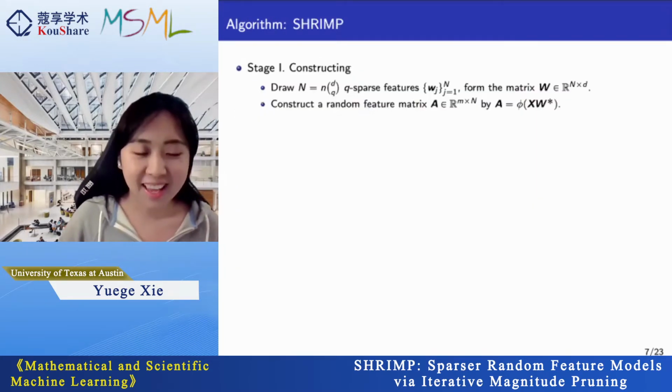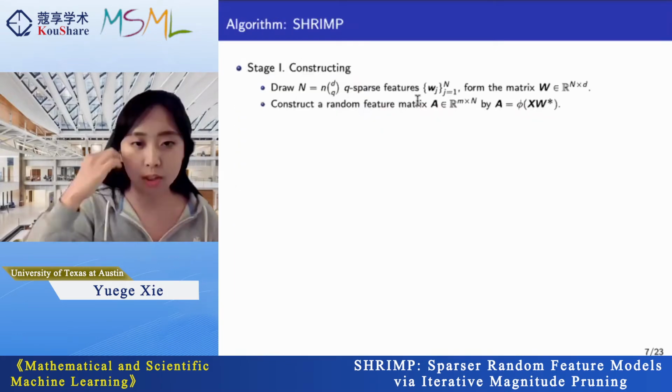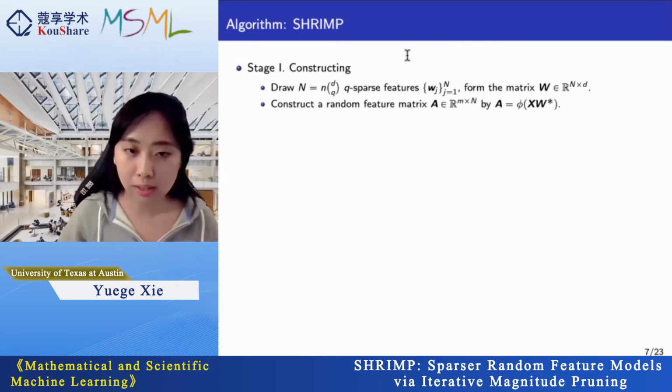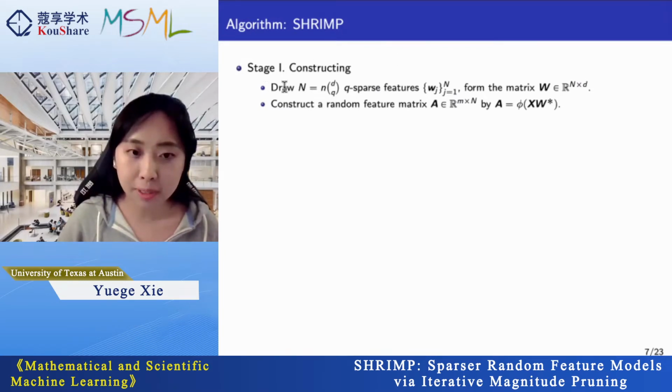And then I will move to our SHRIMP algorithm. It can be divided into two stages. Stage one is constructing. As we mentioned before, we want to draw n total features.